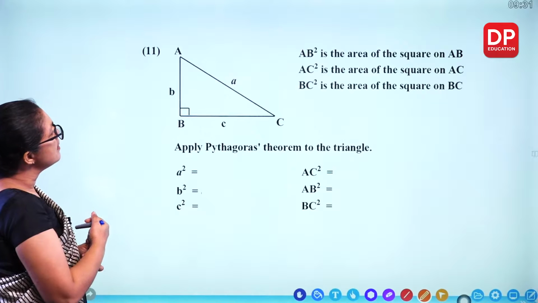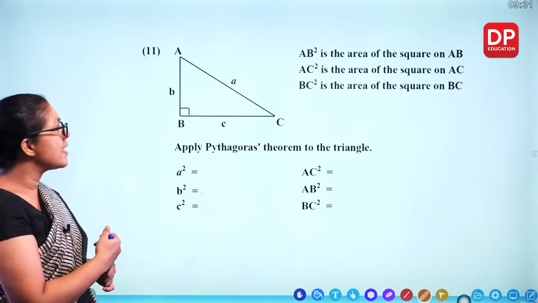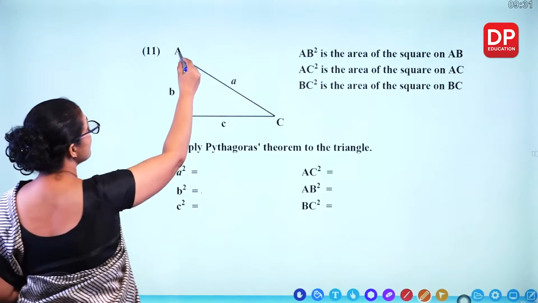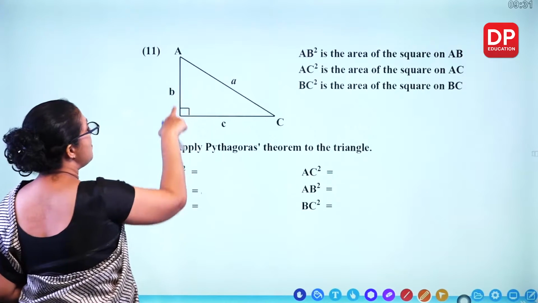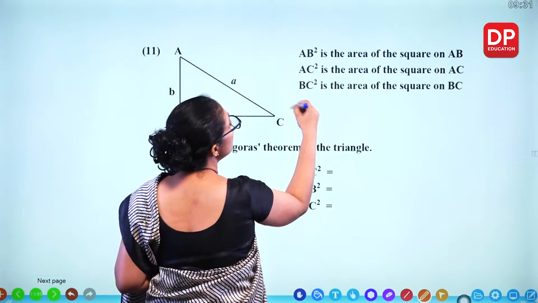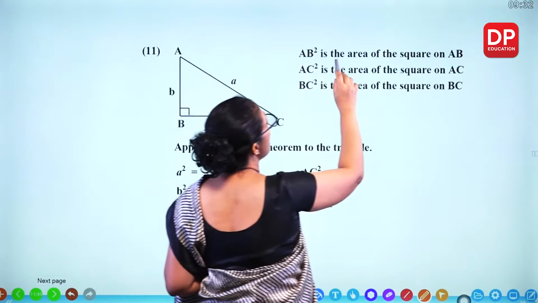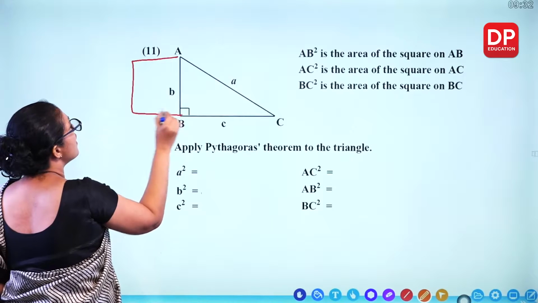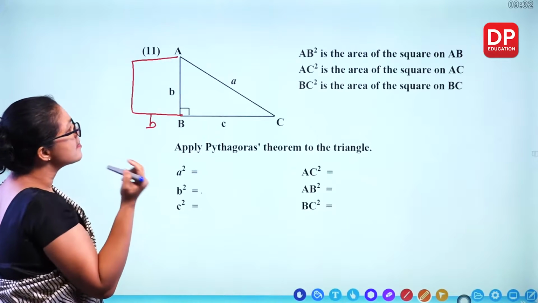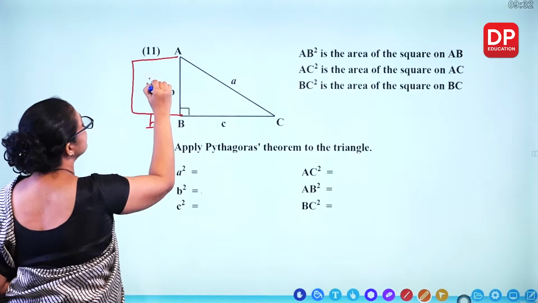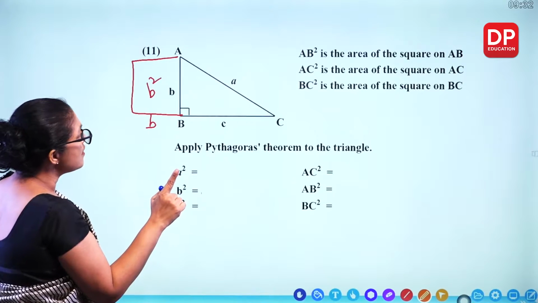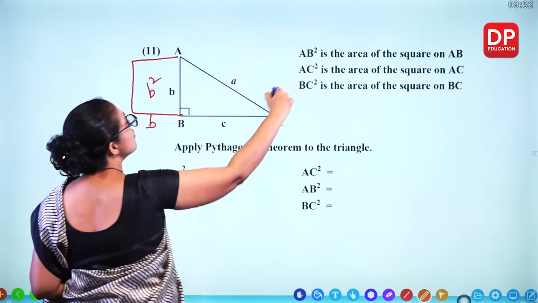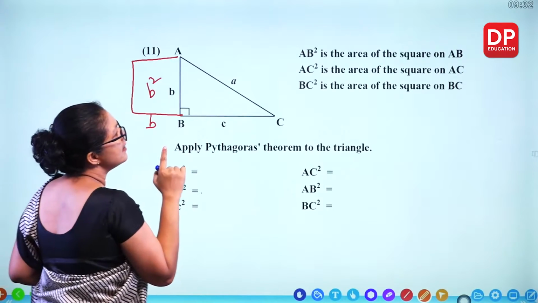Now take this right angle ABC. B angle is 90 degrees. What is AB squared means? AB squared means AB length is c, you square it. AB squared is the area of the square on AB. So when you draw another square like this, you get c squared. AC squared, AC times AC, b times b. So when you draw it, you get another square there.